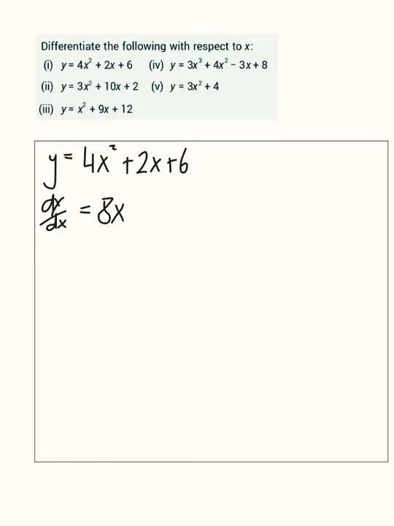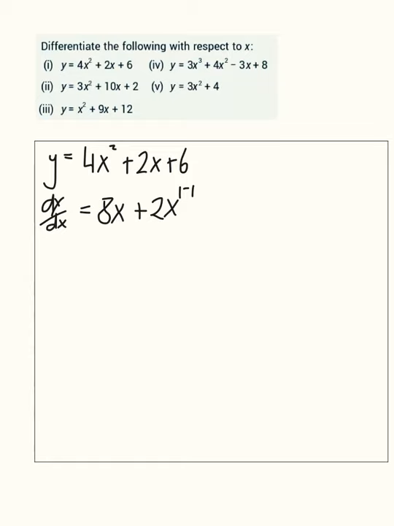Now in math, particularly with algebra and powers, we're not in the habit of writing the number 1, so that would just be 8x. Next we have 2x to the power of 1, so 1 times 2 is 2, and then minus 1 from the power, that leaves me 1 minus 1.